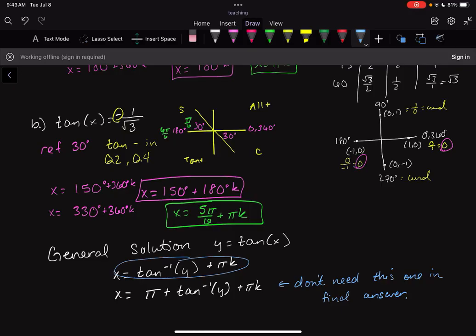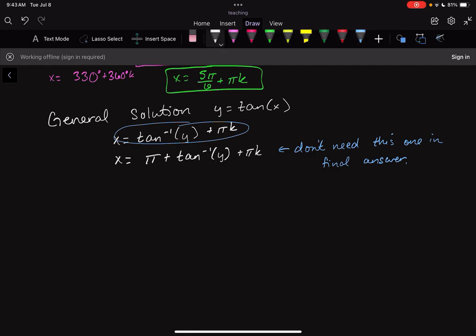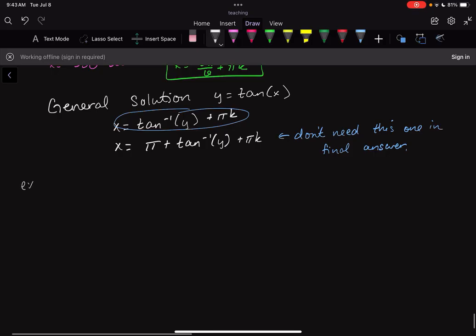Now it is also possible that you could be asked to only find angles within a certain interval. So I want to show you some like that. So we're on example 4. This one I'm just going to say solve for x values where x is between 0 and 360.